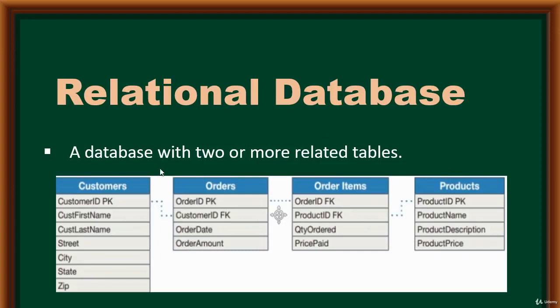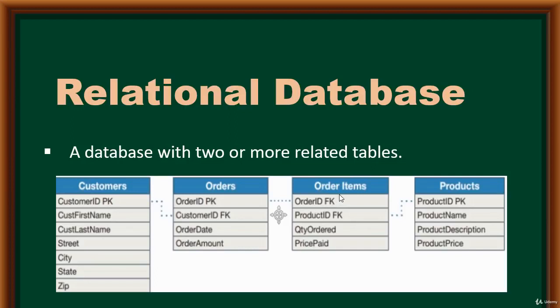If we take a look at the customers table here, we've got a customer ID, which is a column or a field in the customers table. We've also got a customer ID here, which is also a field or a column in the orders table. So you can see the dot representing the relationship because there's a customer ID there and there's a customer ID there.